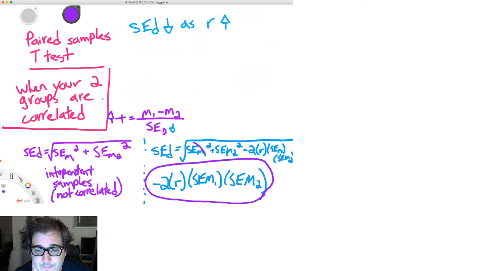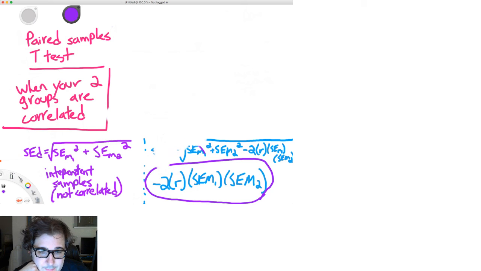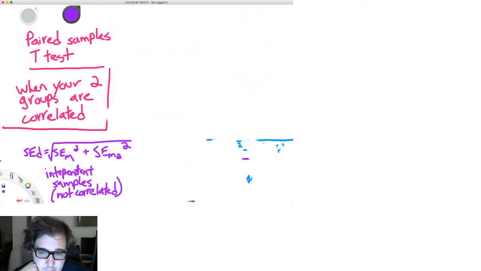So consider that. I just noticed that was on the quiz. Your t-ratio, which is this number, gets bigger as your SED gets smaller as the correlation goes up.